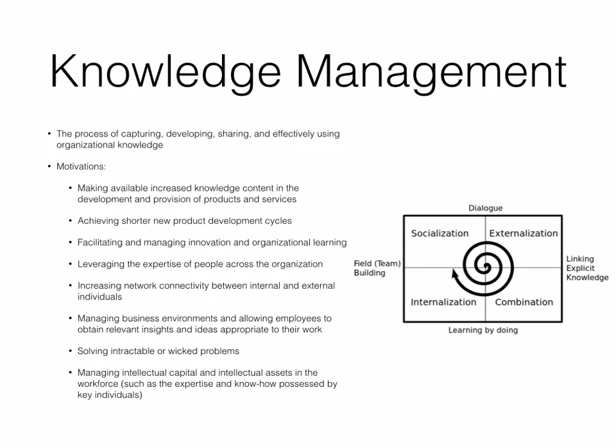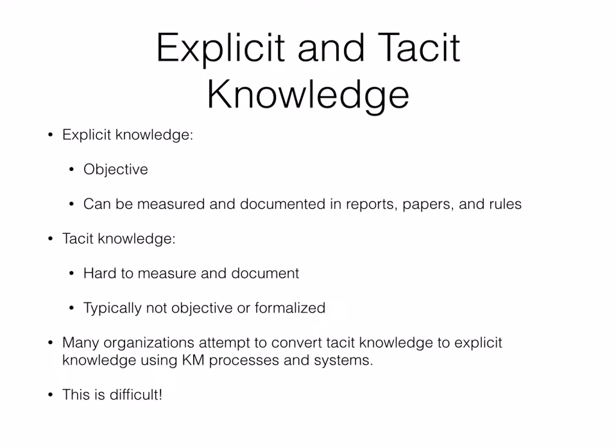And then continuously learning by doing, building the field or the team with respect to that knowledge, having a dialogue about the knowledge, and linking, now that this implicit knowledge has been made explicit, it's been codified to some degree, linking this explicit knowledge together.